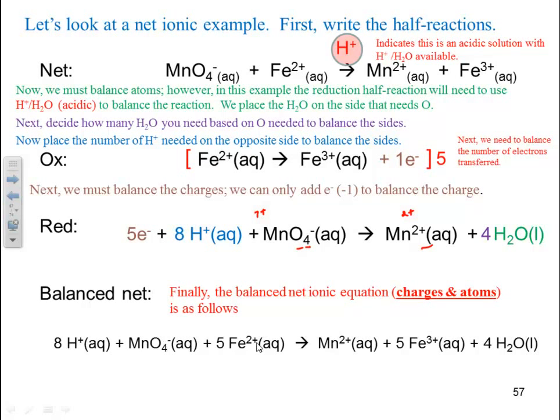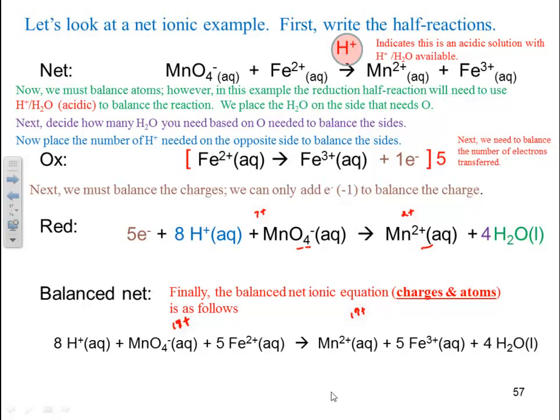That's 18 pluses and 1 minus. That's a total of 17 pluses. On the other side, I have 2 pluses and 15 pluses. That's 17 pluses. So I have a balanced net ionic equation.